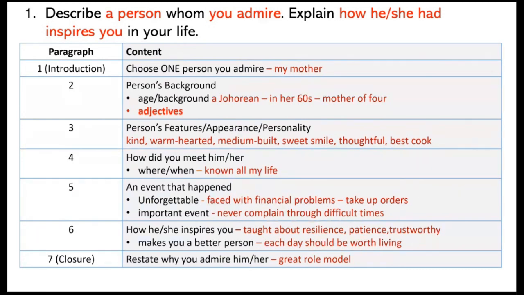The person is kind, warm-hearted, medium built, sweet smile, thoughtful, a best cook. So dah nampak dah, what is it about your person? Remember, you have to describe. The word is describe. So the background must be given, and then the description is already here.